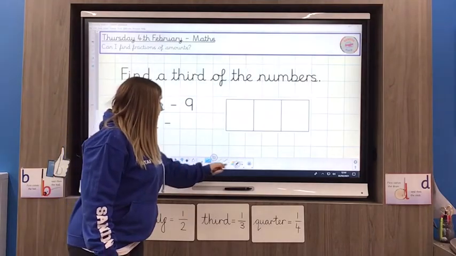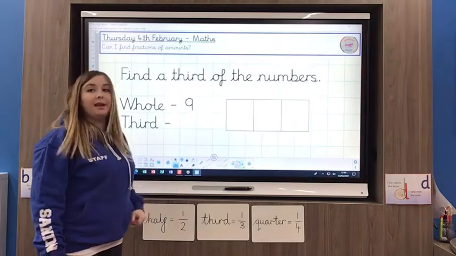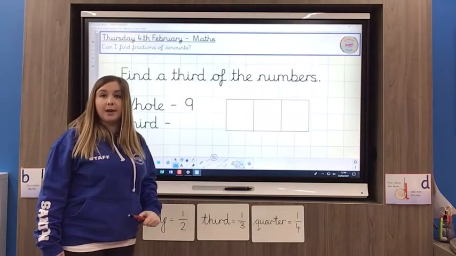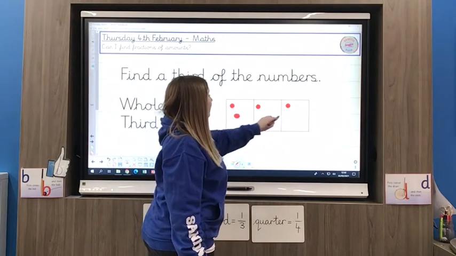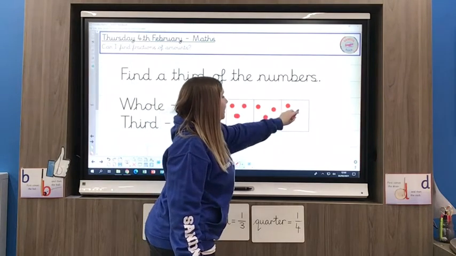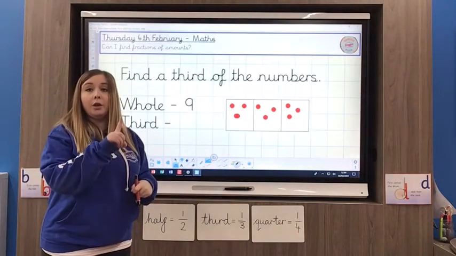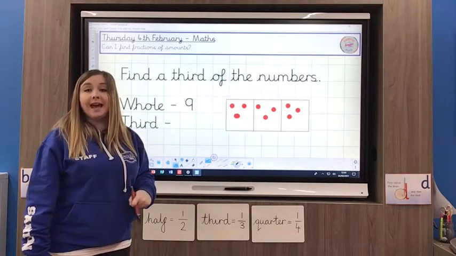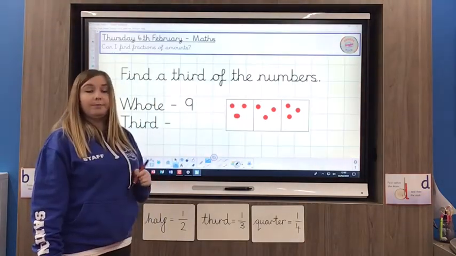So let's get my pen. I've got 9 as my whole, and I'm going to share it into my 3 groups. 1, 2, 3, 4, 5, 6, 7, 8, 9. So who now can figure out what 1/3 of 9 is? You're just going to count the dots in 1/3. And that's 3.